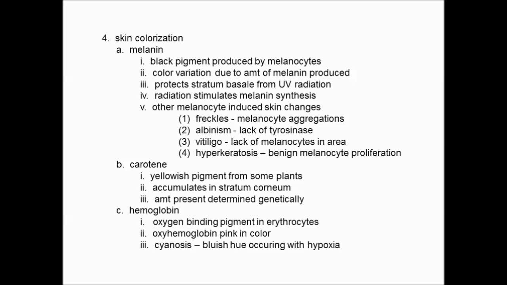It's a protein that is colored yellow, and it seems to accumulate in the stratum corneum. The amount of this keratin we have seems to be genetically determined, or due to variances in genetics. So some people have more keratin in the skin, and their skin appears yellower than others.